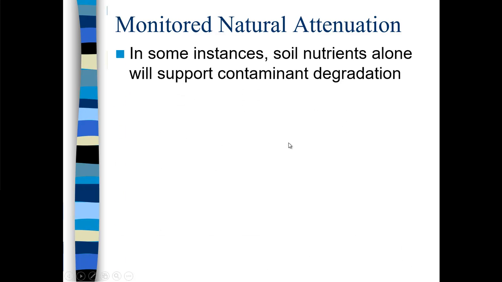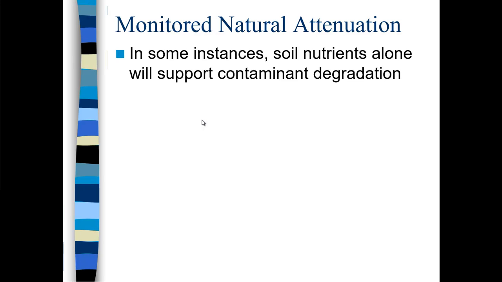So what you're doing here is you're looking at some particular contaminated sites where the soil nutrients alone, what's already in the soil, will support contaminant degradation. This is often the case with things like gas stations where there are soil nutrients and soil microbes that will degrade the gas directly.